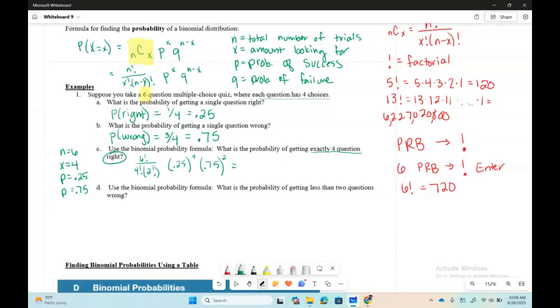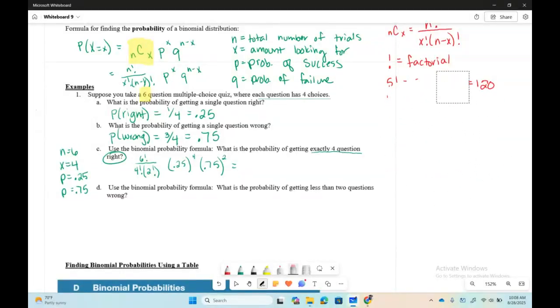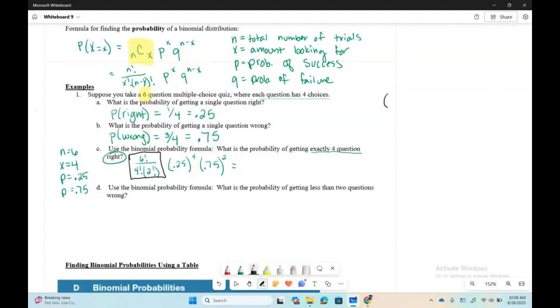Now in my calculator, I'm going to do this part first. I'm going to do 6 factorial divided by parentheses 4 factorial, 2 factorial, putting those parentheses around that denominator.